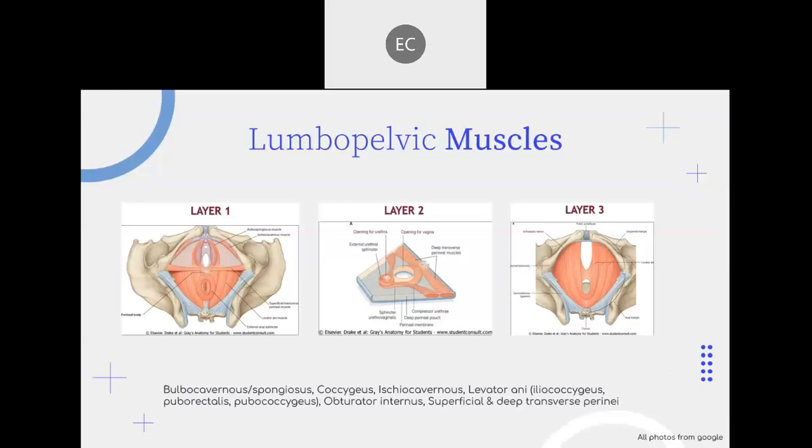And then in the middle, we have the second layer, which is going to have more of the urogenital muscles. So we have external urethral sphincter, deep transverse perineal muscle, and the perineal membrane. Then on the third and the deepest layer, we have the levator ani, coccygeus, obturator internus, and the tendinous arc of the levator ani, also called TALA.